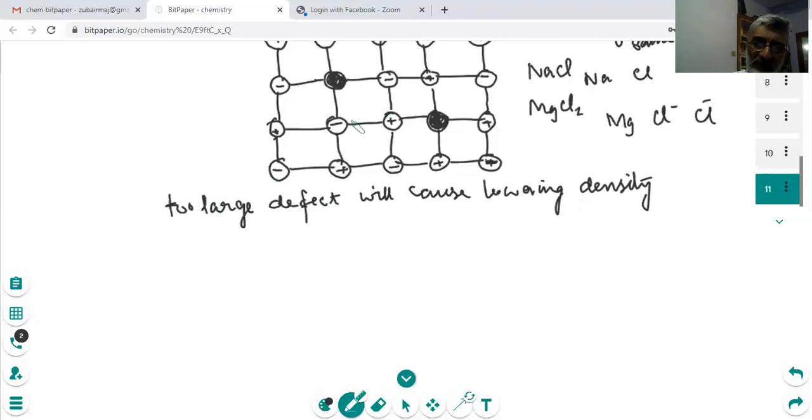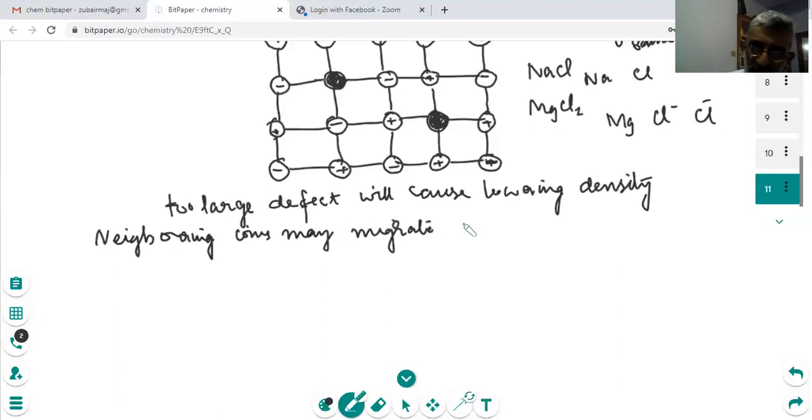Due to this charge difference, the neighboring ions may migrate to the vacant position.